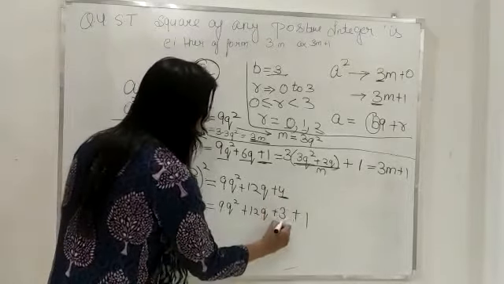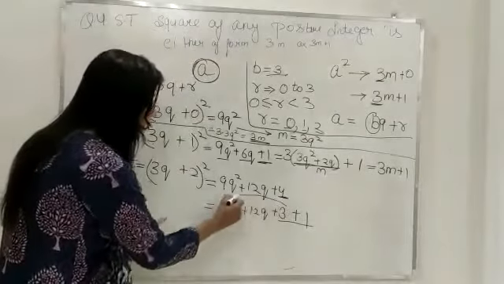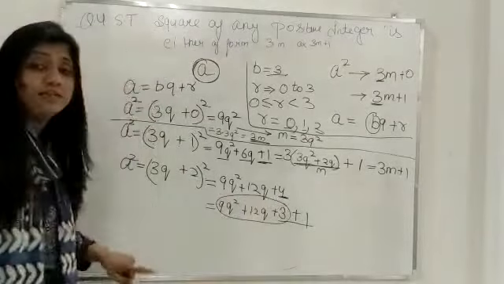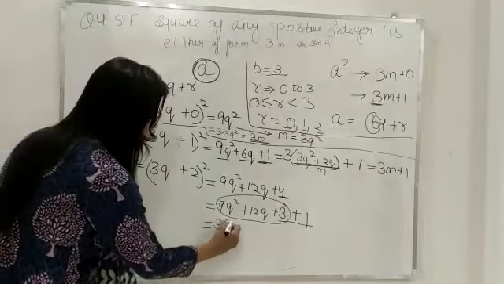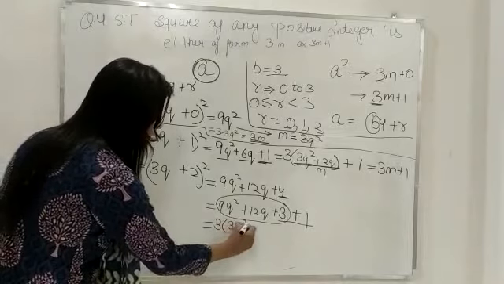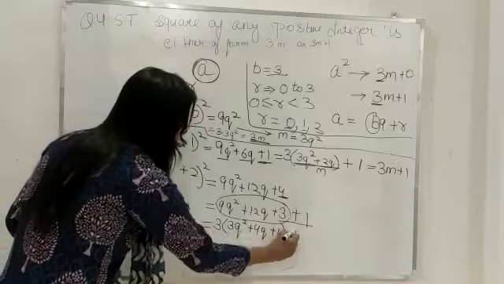This 4 I have written as 3 plus 1. Now I will take out 3 common from the first 3 terms. So if I take 3 common, it will be 3q square plus 4q plus 1 plus 1.